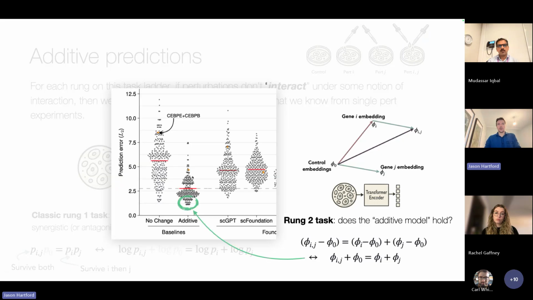That's what we saw worked so well in Constantine's paper, which is where you take the single perturbation, subtract off the control embedding, and then define a vector direction. So this is the direction associated with gene I, the direction associated with gene J, and we just add these two vectors, and you get the direction associated with gene IJ, right? And so here we're defining non-interaction as being when the additive model is going to work, right? So that's just another notion of non-interaction. And this can be defined for any embedding function.